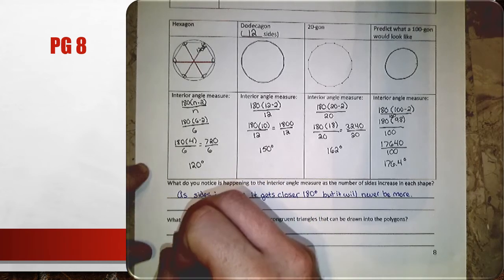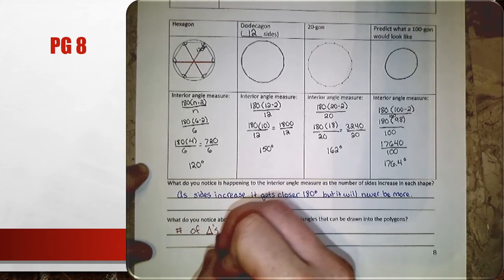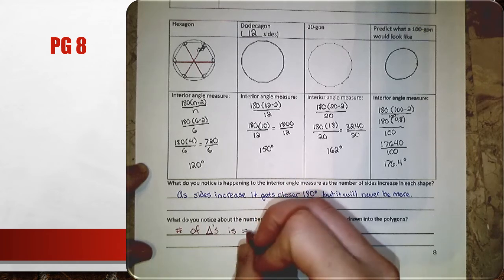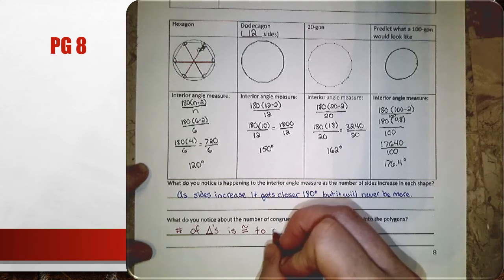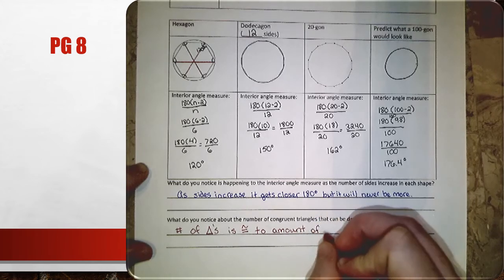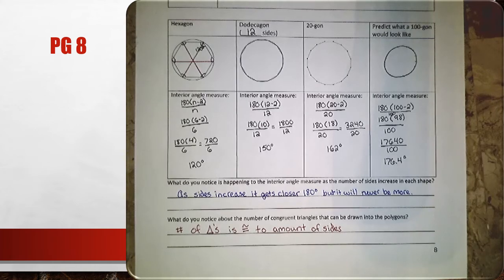So the number of triangles is congruent to the amount of sides in any kind of regular polygon.